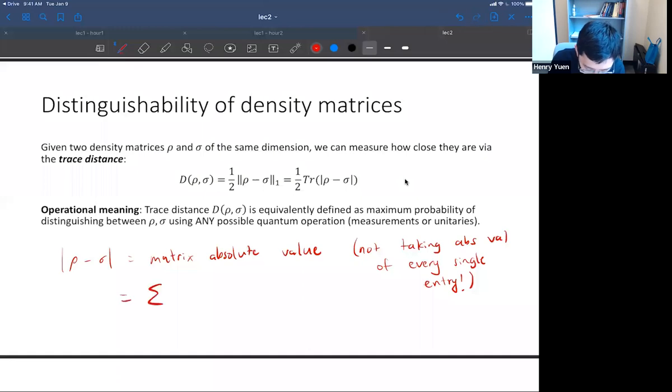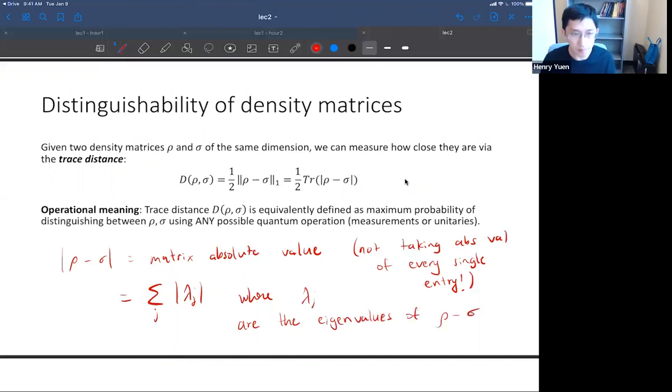It's really the sum of the absolute values of the eigenvalues of the difference. Okay.